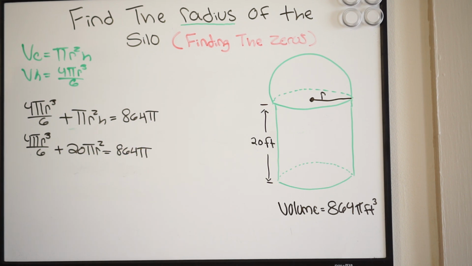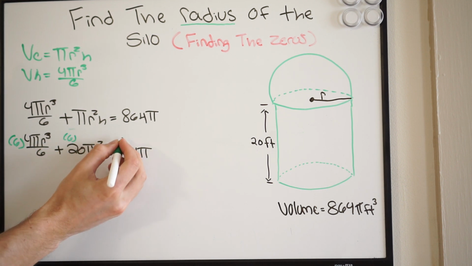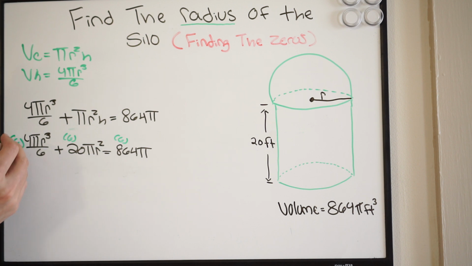Again, we're trying to solve for R here, so we want this to look like a polynomial. In order to do that, we're going to have to get rid of this denominator here. So we're going to have to multiply each term by 6. We're multiplying by 6 here, 6 here, and 6 here. That will cancel it out.